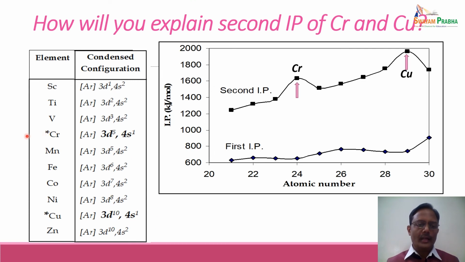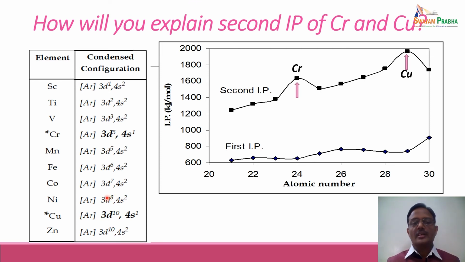So chromium and copper have anomalous electronic configurations because of the extra stable nature of half filled and completely filled d subshells. Here d5 is a half filled configuration, d10 is a completely filled configuration.